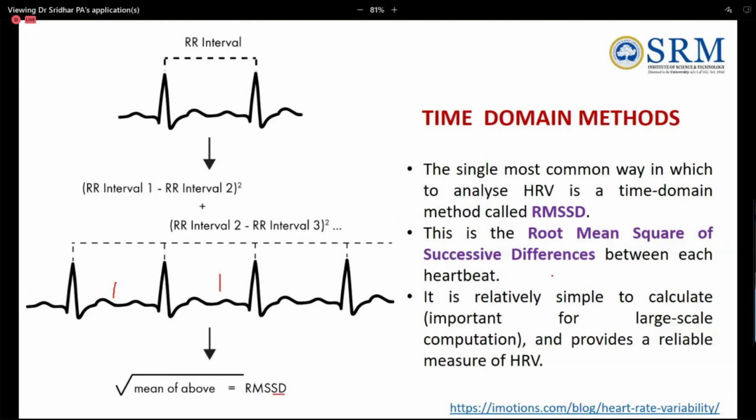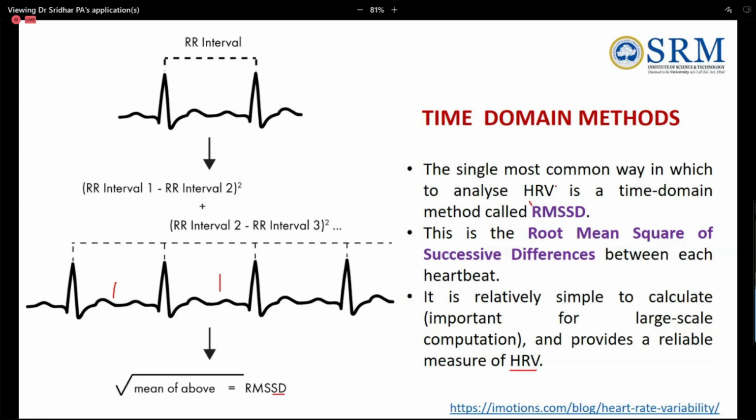So RMSSD is the root mean square of successive differences. This gives you the root mean square of successive differences between heartbeats, and it is relatively simple to calculate and provides a reliable measure of HRV.